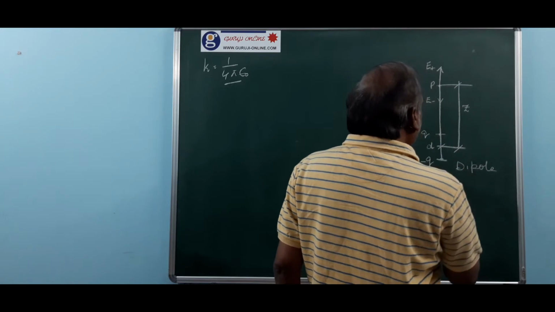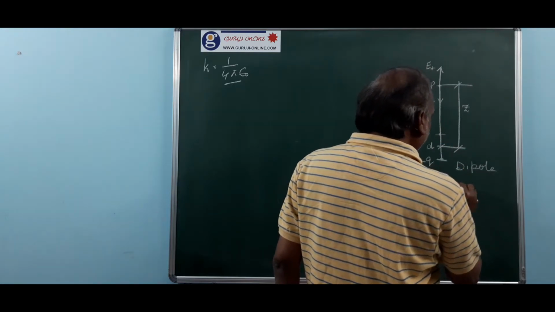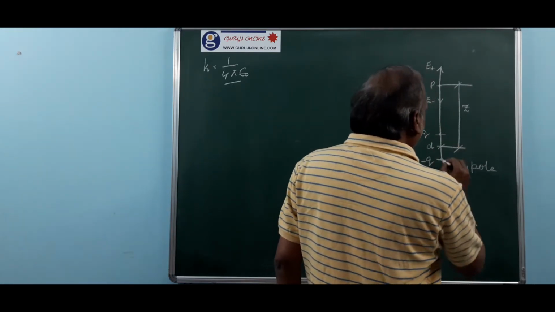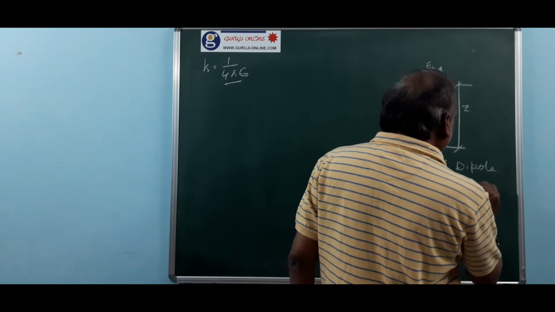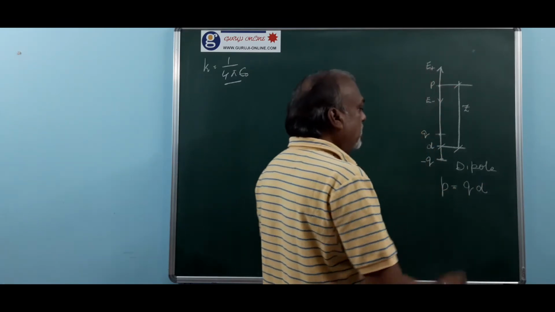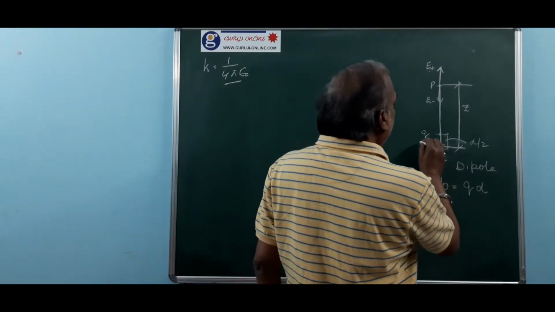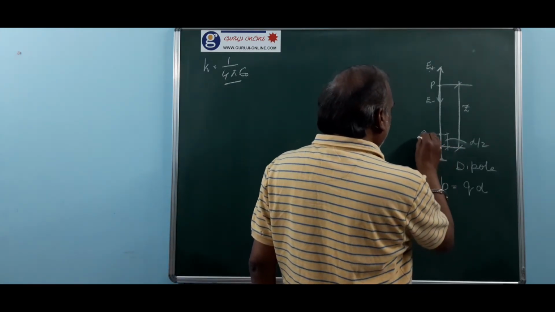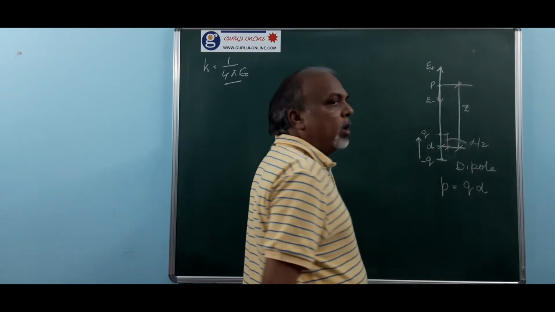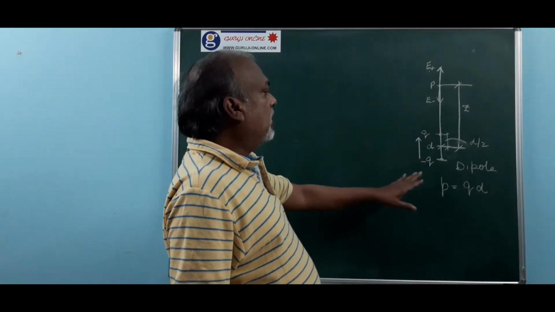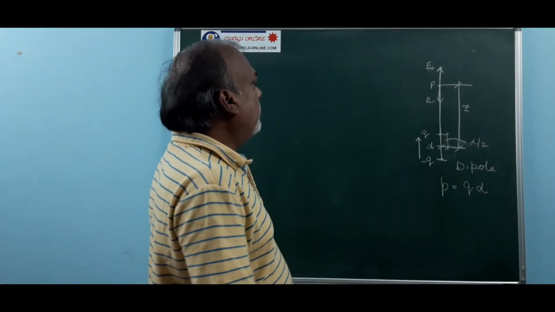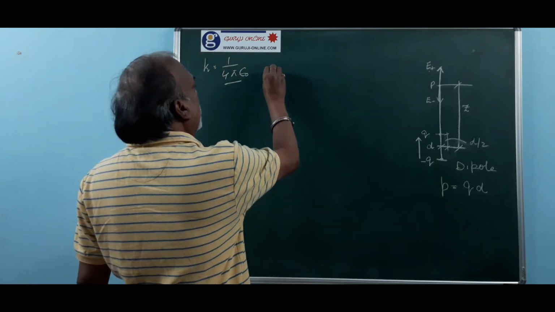And what is dipole moment? Dipole moment we denote by p, and this is nothing but q into d. This is the dipole moment of this dipole, and its direction is always from negative to positive.